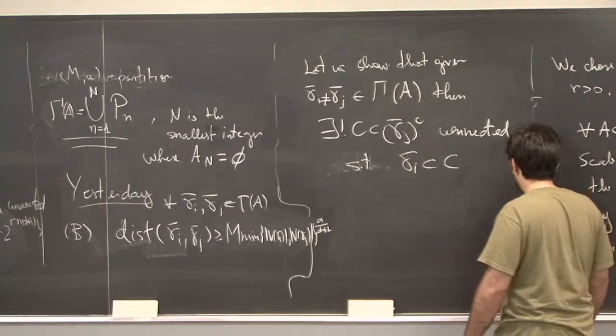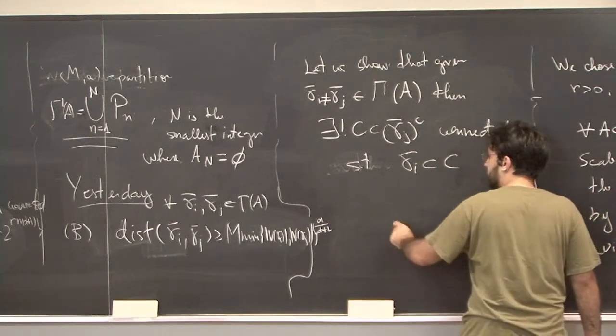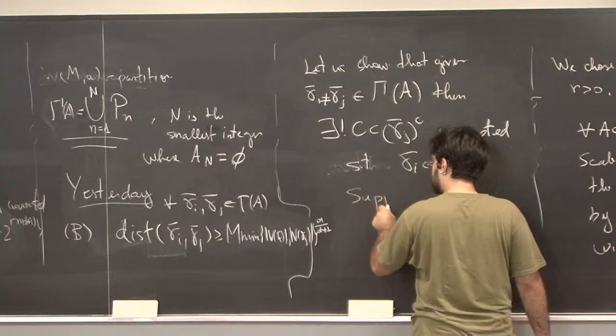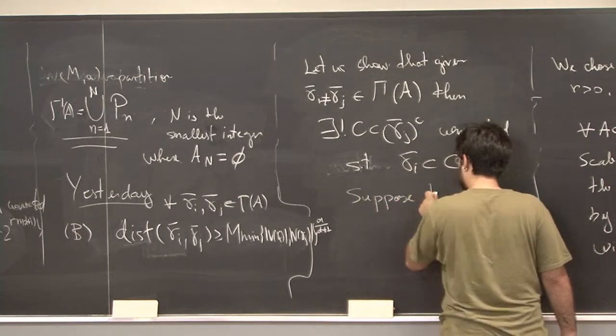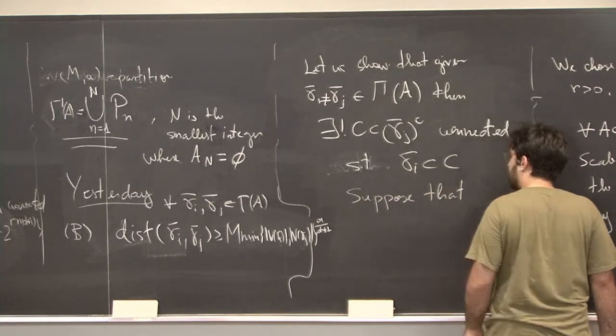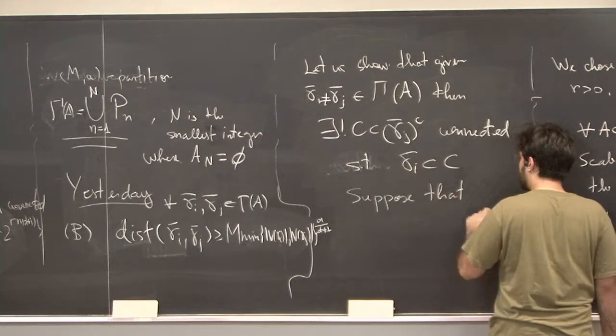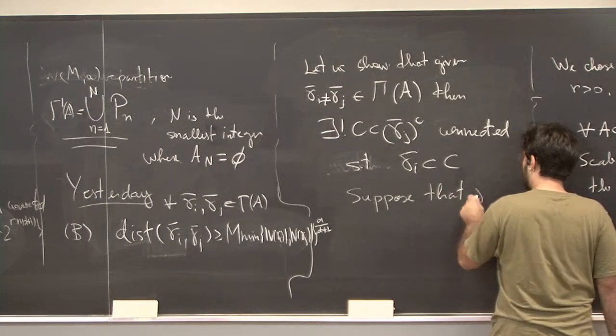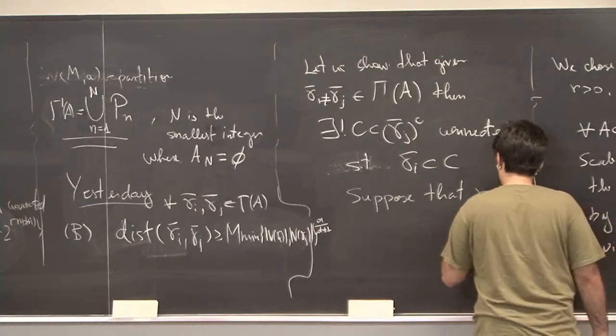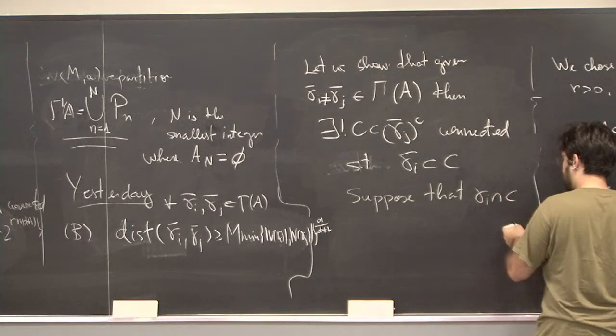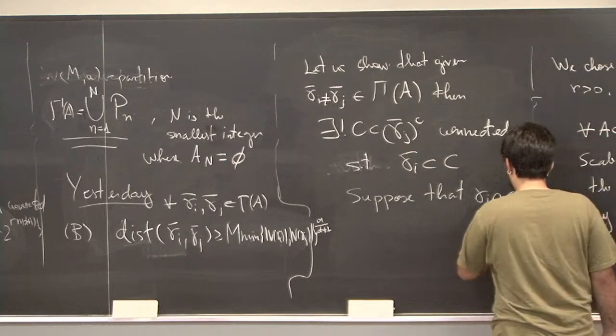So the proof is straightforward. What you do is suppose that this doesn't happen. So suppose that gamma I intersects two different connected components.